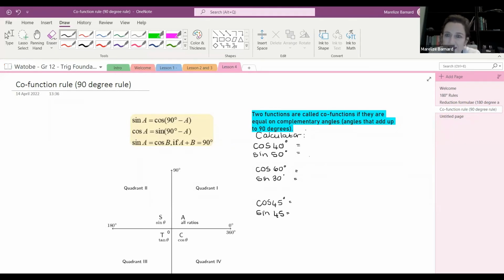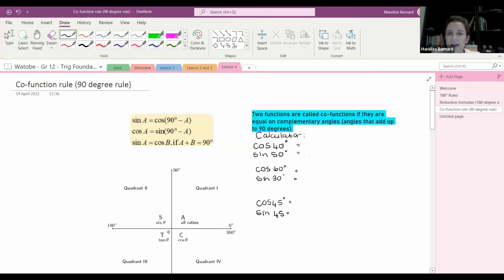Okay, so Dane says the pairs are equal to each other. That's right. If you're using your calculator correctly, you should see that the answers for these pairs are the same. Yes, Kanyesile, they are equal.